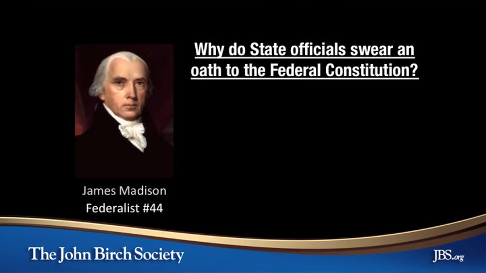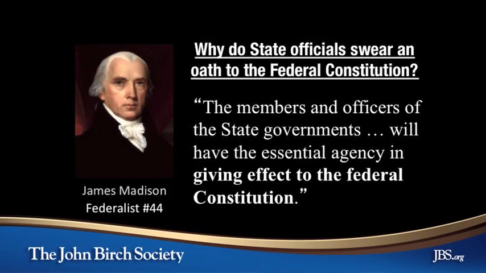At the end of Federalist 44, he addresses this question. In his answer, he says, the members and officers of the state governments will have the essential agency in giving effect to the Constitution, making it effective. Is the Constitution today effective in reining in our federal government?